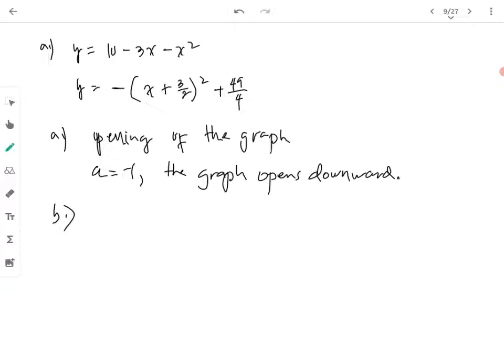So in letter B, we are looking for the x-intercept. Since x-intercepts are points on the x-axis, the y is always 0. So we let y equal 0, then solve for x.